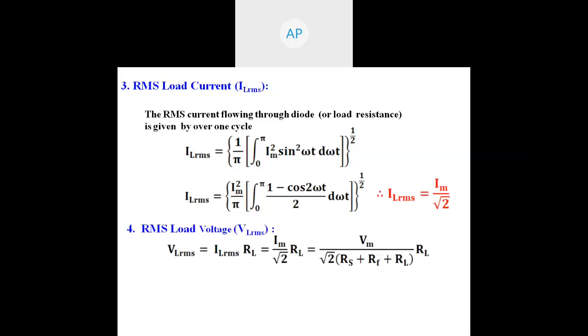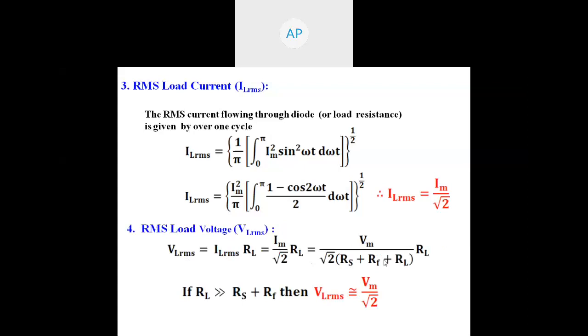Now, similarly, if we find the load voltage by using either this expression or that expression, VLRMS is equal to ILRMS into RL. So you have this value, Im divided by root 2, and you will have this expression. What is Im? Again, Vm divided by Rs plus Rf plus RL. This is the alternative expression.